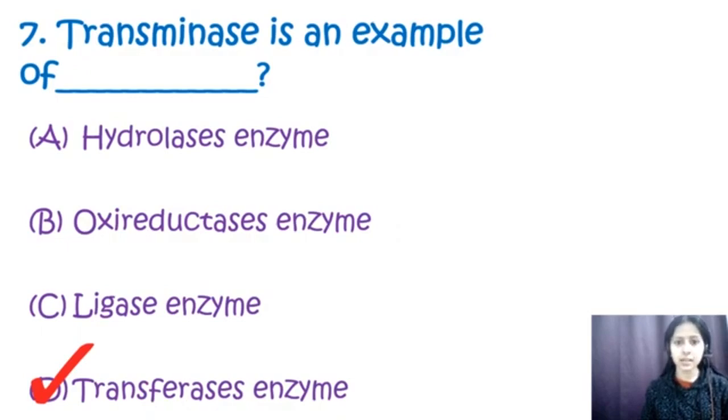It is a type of enzyme that catalyzes the transfer of the electron from one molecule to another. And this ligase enzyme is an enzyme that catalyzes the joining. Actually, it helps in joining of two molecules to form a single new chemical bond. So here the correct answer is option number D, that is transferase enzyme.